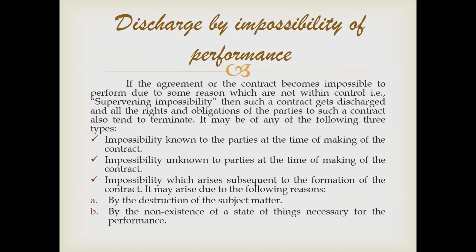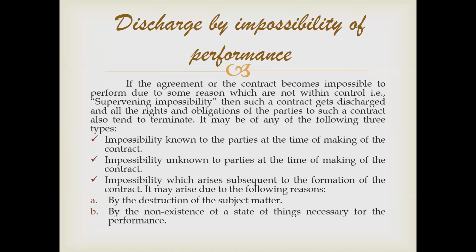Discharge by impossibility of performance. If the agreement or contract becomes impossible to perform due to reasons which are not within the parties' control, known as supervening impossibility, then such a contract gets discharged and all the rights and obligations of the parties also terminate.